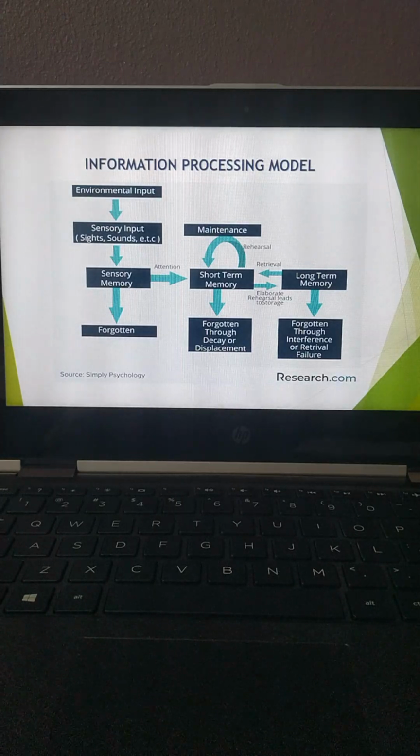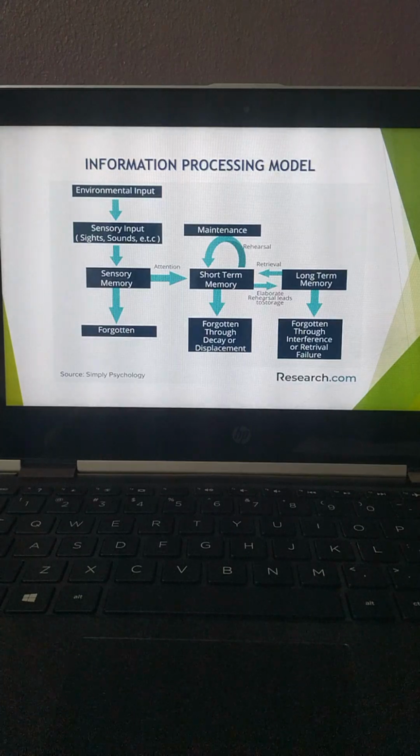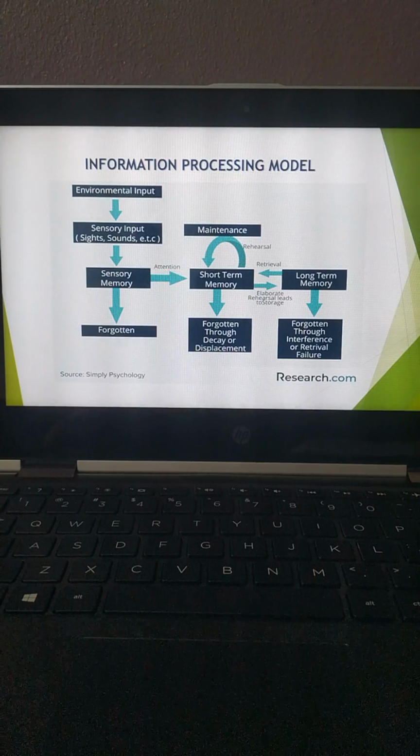Maintenance could be rehearsal, it could be the use of mnemonics and other methods to ensure that the information is moved to the long-term memory. For information to move to the long-term memory, there has to be a conscious activity, a conscious rehearsal, so that the information is not forgotten.